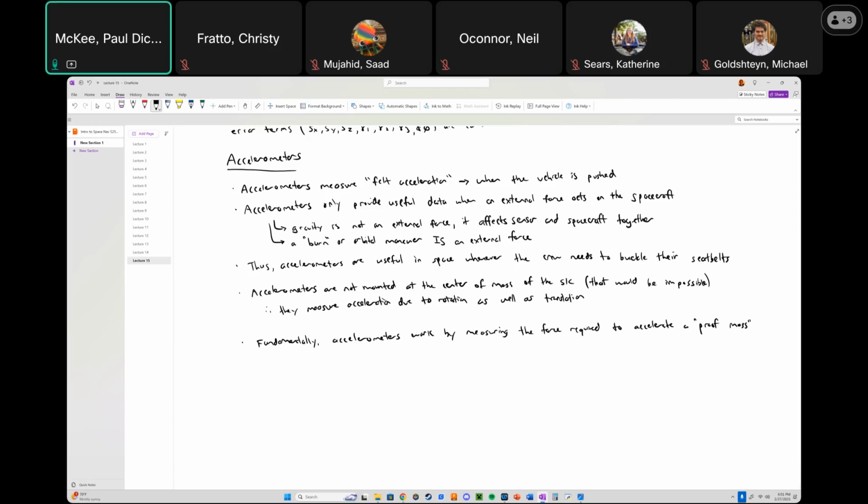So this is Newton's second law, essentially. Total acceleration on the vehicle is, so you've got the actual spacecraft acceleration, which is the total acceleration, is equal to the acceleration caused by gravity and the acceleration as measured by the IMU.